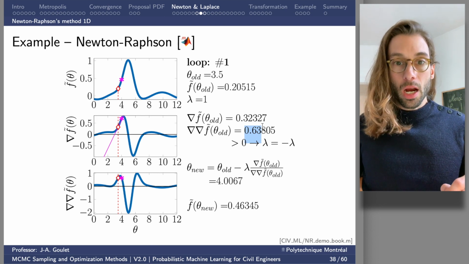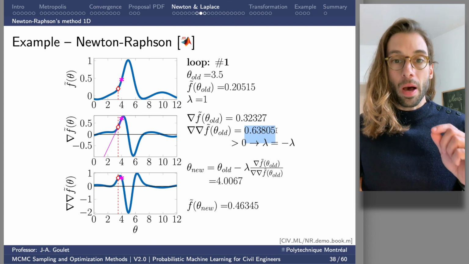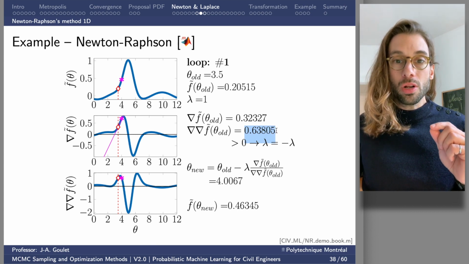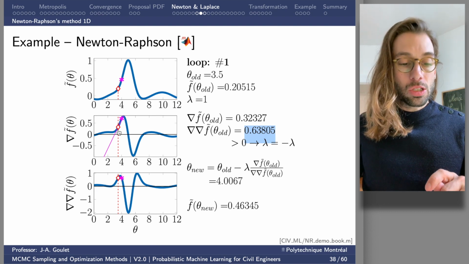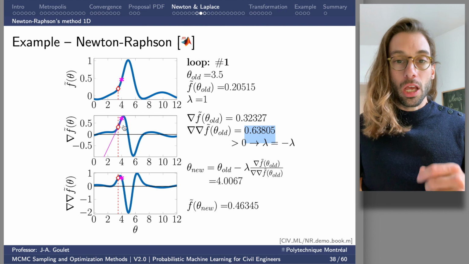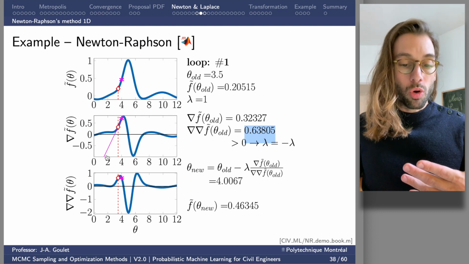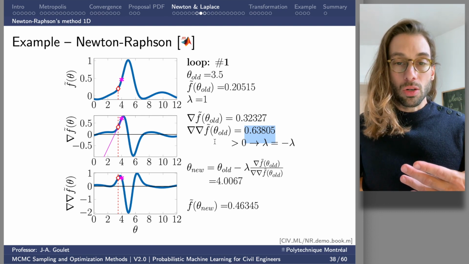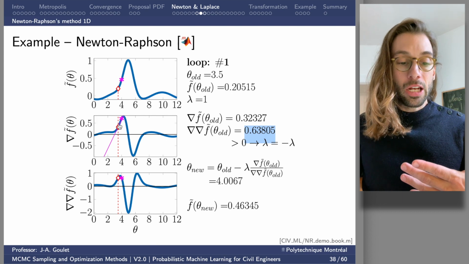So here we have to be careful, okay? Whenever we have a second order derivative that is positive, it means that we're currently aiming for a minimum, not a maximum. So in this case, we see that the linearized gradient function we're building using the information about our second order derivative is the pink line here.